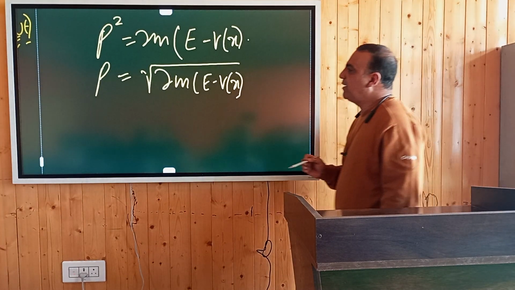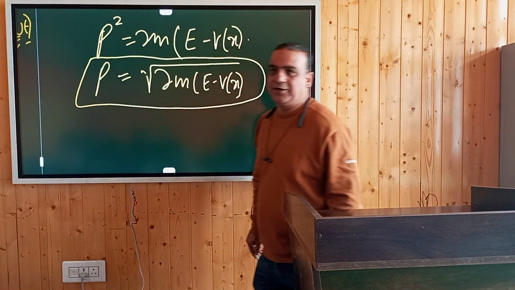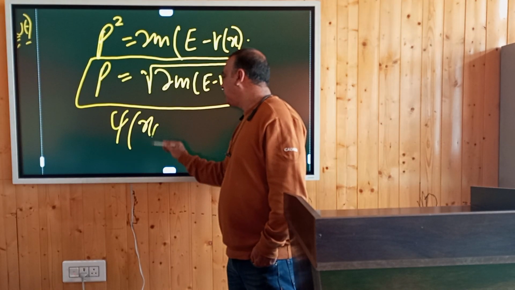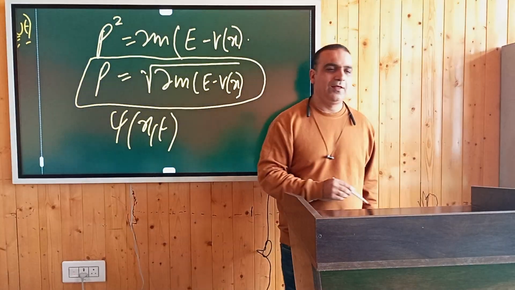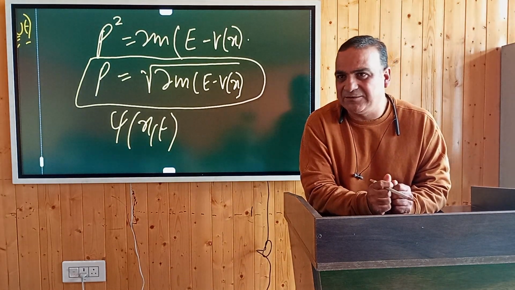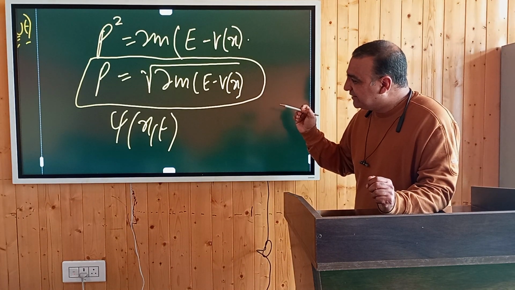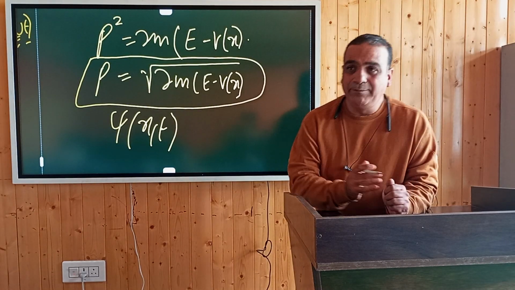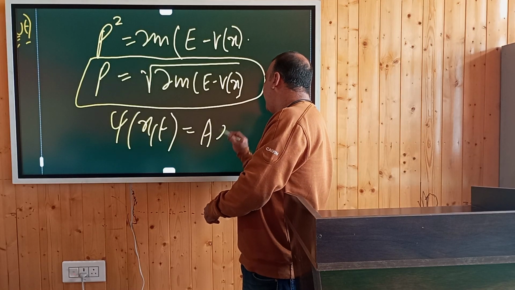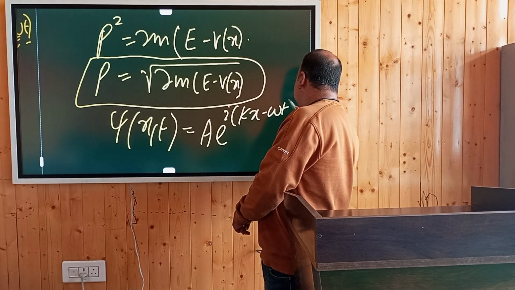Now, if I go back to this wave function, what's that wave function? That is psi as a function of position and time. Now, what does this psi carry? It carries the complete information about your system. And we can see this psi is a complex function, because in the exponential of that function you have an iota, so A e to the power of i(kx minus omega t).